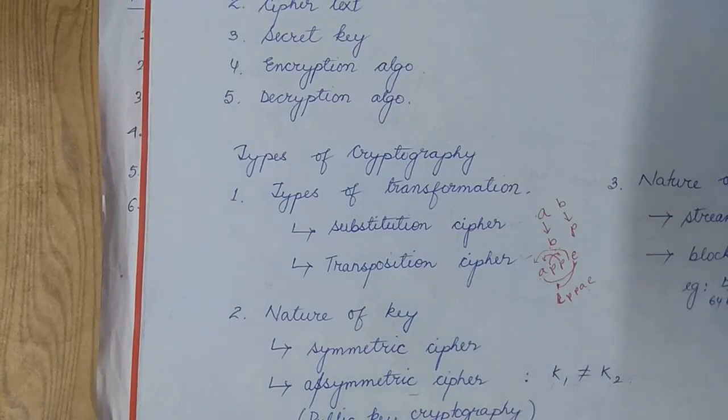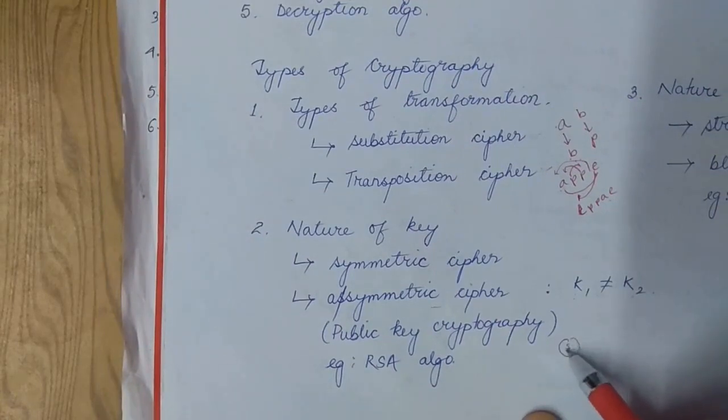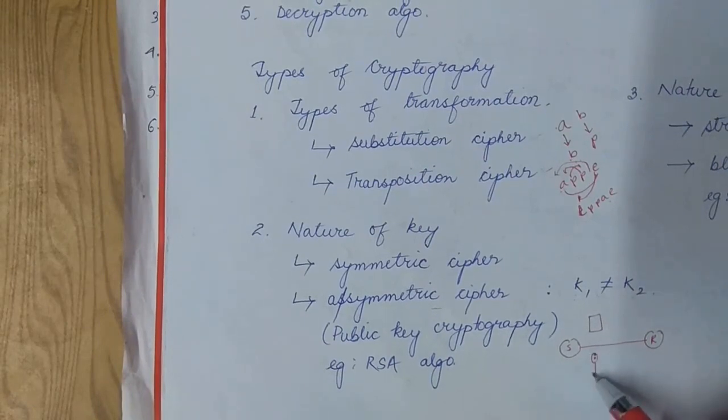Based on the nature of the key, what I have told you is the symmetric cipher. Suppose this is the sending part and this is the receiving part. Then we send a particular message through encryption, using a particular key K1 for encryption.